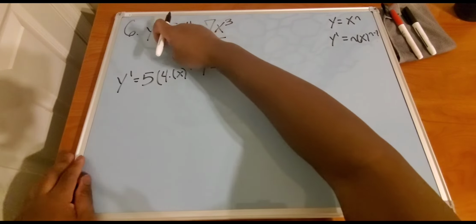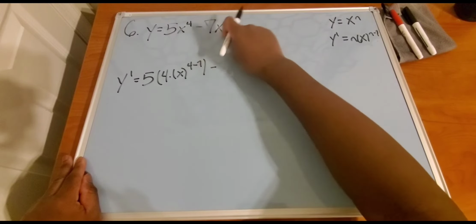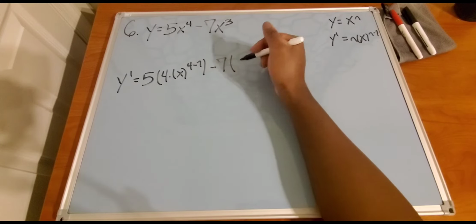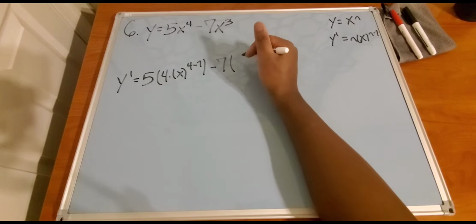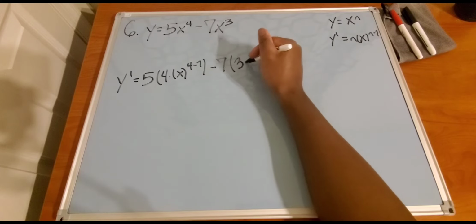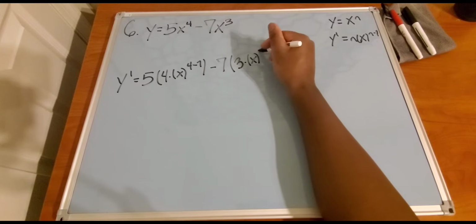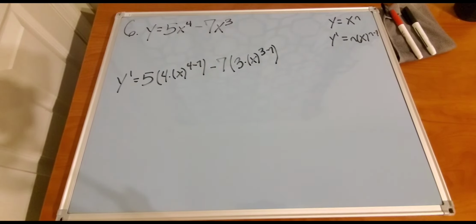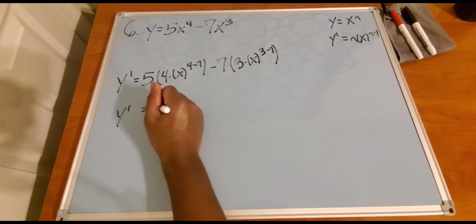Minus, I'm going to erase these so you don't think it's 5 over 1 and 7 over 2. Minus, pull out the 7, then we will have the derivative of x cubed. Well, the derivative of x cubed, bring down the 3, is 3 times x raised to the 3 minus 1 power. Close parentheses.